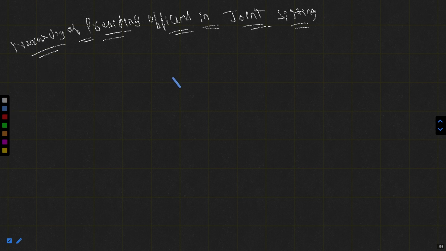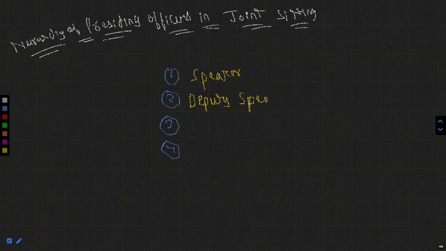Okay. So basically, there are three things here also. First, who will preside? First, the speaker will preside. If the speaker is absent, the deputy speaker will.